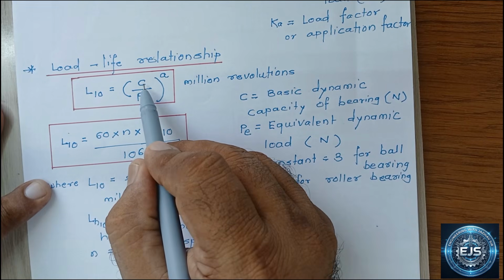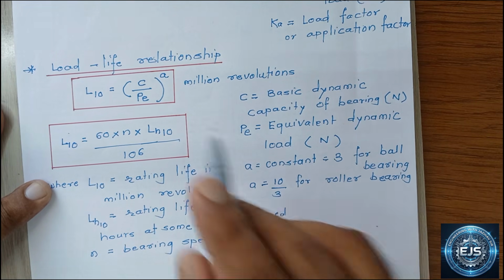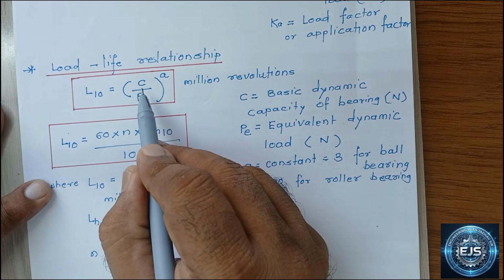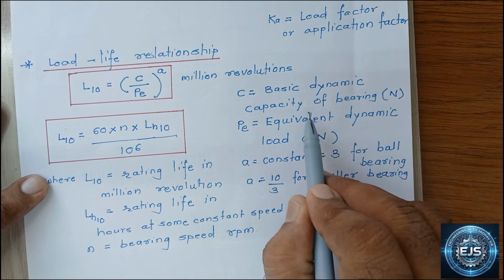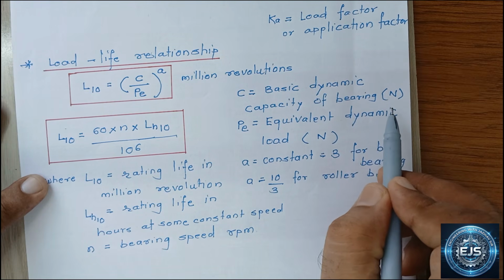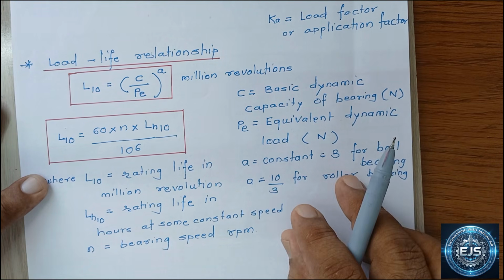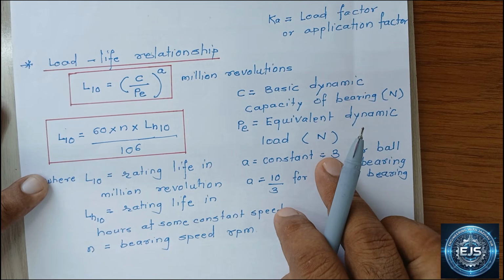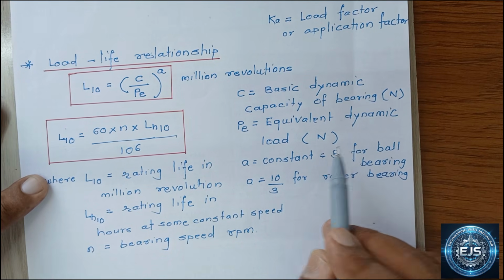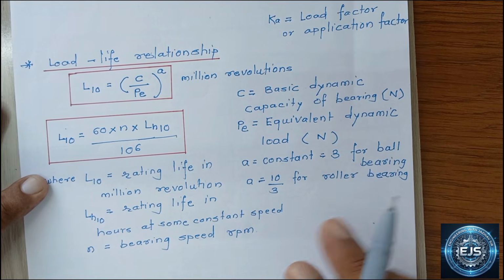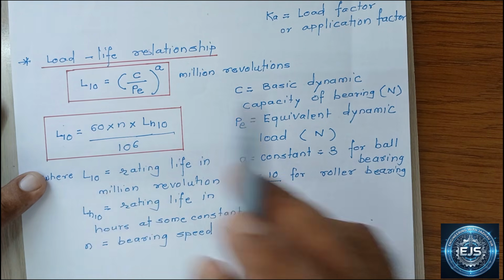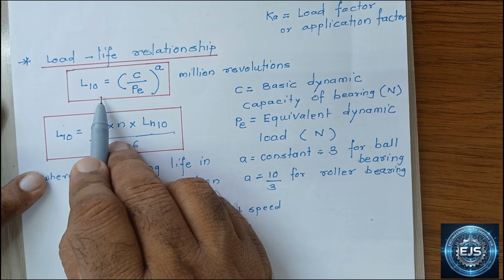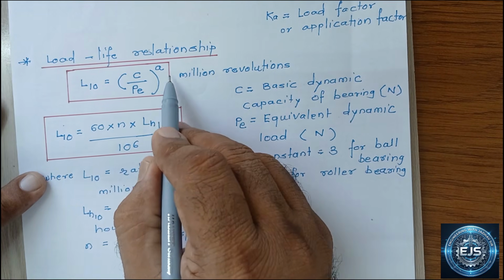So L10 is equal to C, the basic dynamic capacity of the bearing, upon equivalent dynamic load, raised to a, where C is the basic dynamic load carrying capacity of the bearing, in Newton or kilonewton, and PE is the equivalent dynamic load acting on the bearing, in Newton or kilonewton. Small a is a constant. For ball bearing, a is equal to 3, and for roller bearings, a is equal to 10 by 3. So this is the relationship for L10 life: L10 = (C/PE)^a.